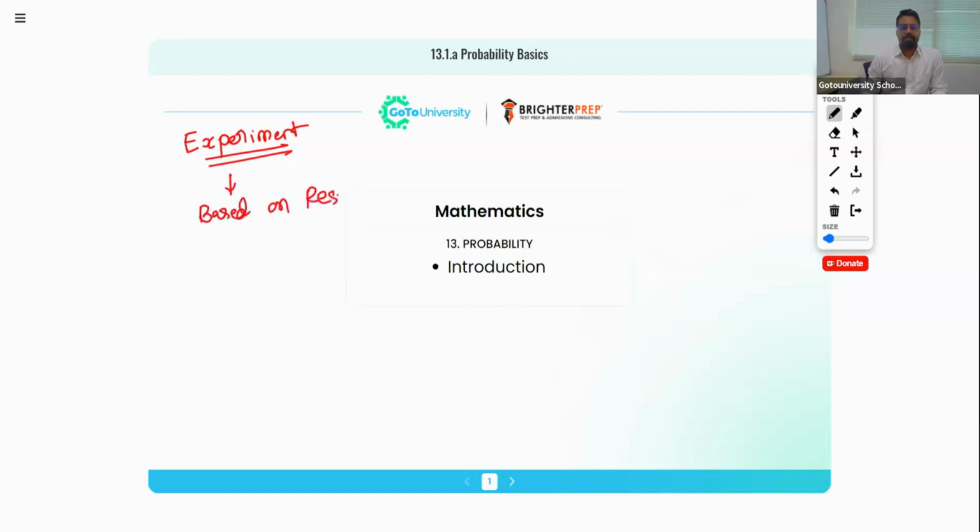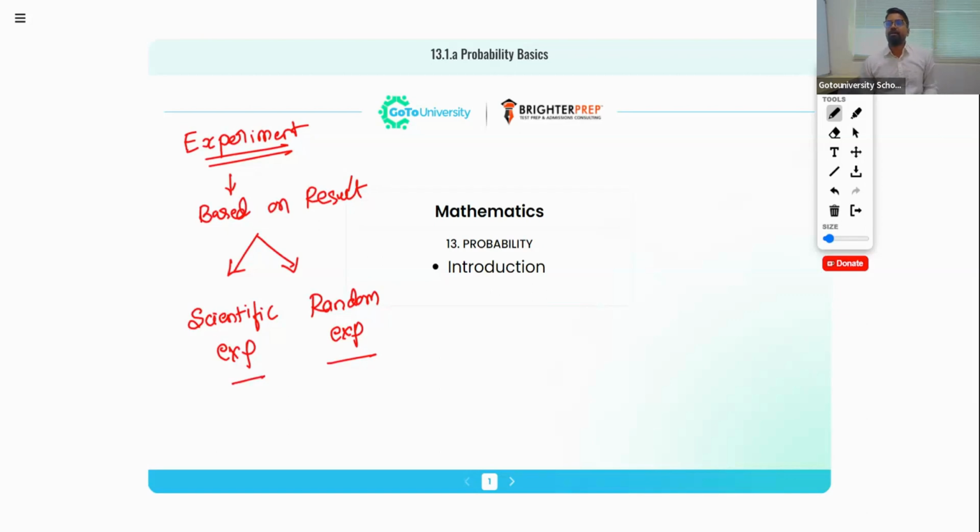Based on the results, we classify the experiment into two types. One is scientific experiment and another one is random experiment. Based on the result only.